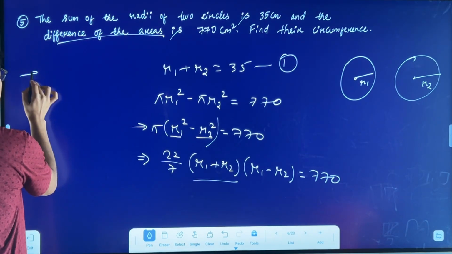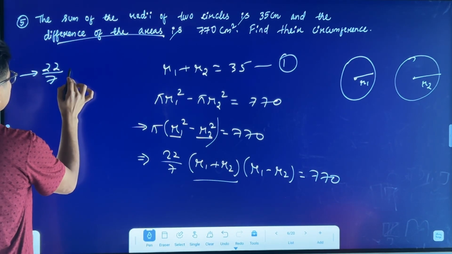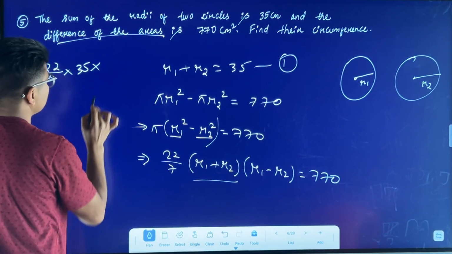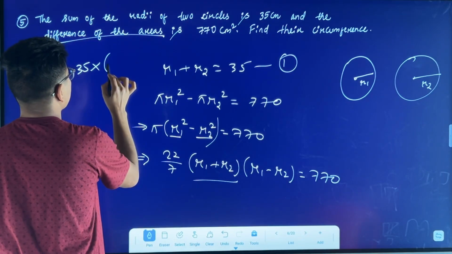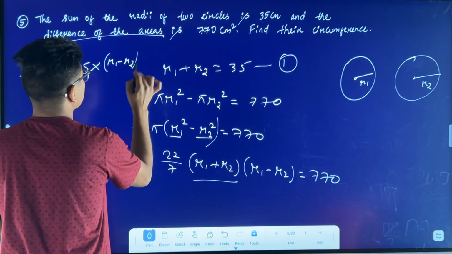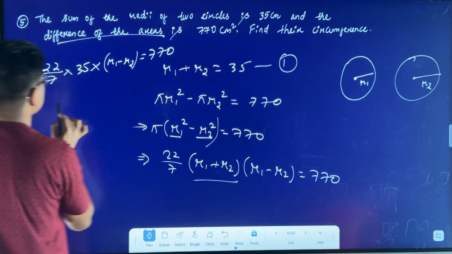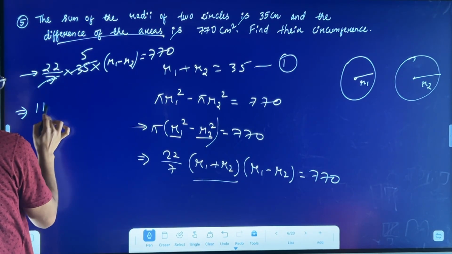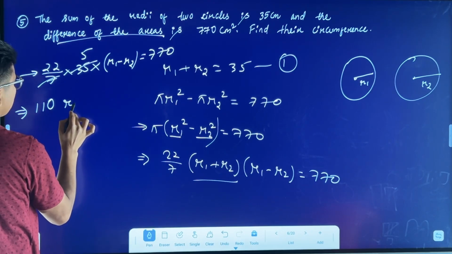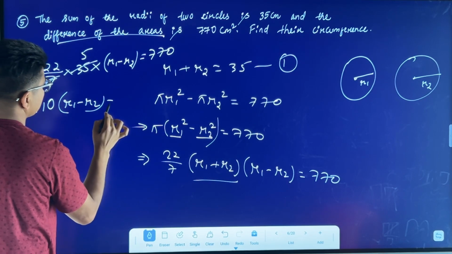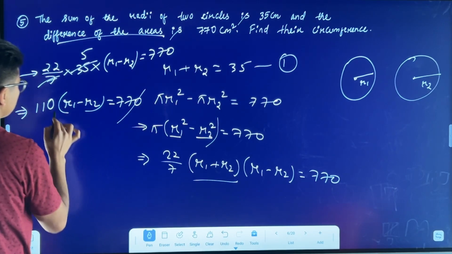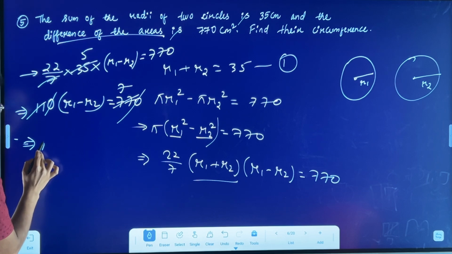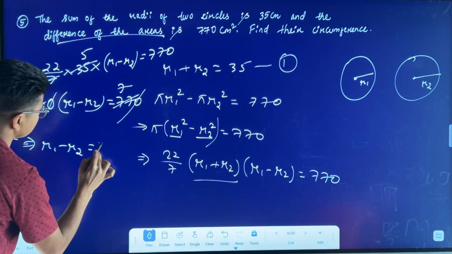So 22 upon 7 into (r1 plus r2) 35 into (r1 minus r2) equals 770. So 7 5s are 35. 5 into 22, 110. Then r1 minus r2 equals 770. 0 cancels with 0. 11 7s are 77. Then r1 minus r2 equals 7.